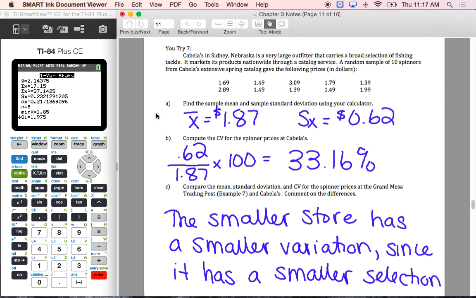Whereas the bigger store is going to have a bigger selection, so that means the numbers are going to vary more. That's why we have a higher percent.